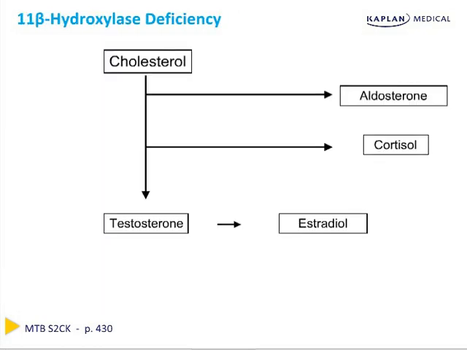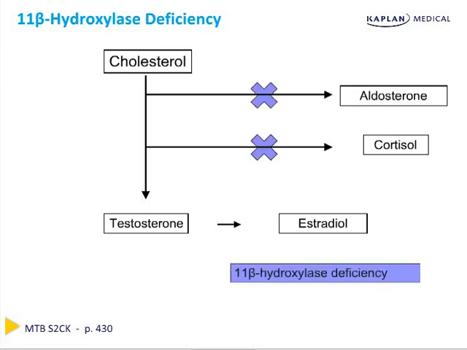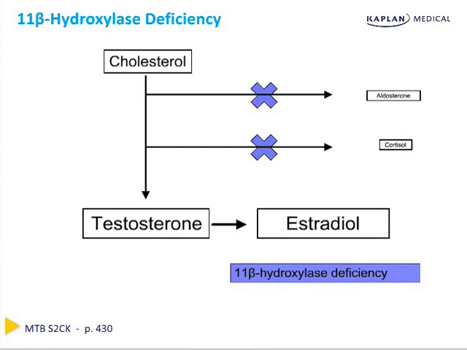The last of the three enzyme deficiencies we're going to discuss is 11-beta-hydroxylase deficiency. It works along the exact same pathways as 21-hydroxylase deficiency, but it happens more distal, and this has critical consequences that make it a very different syndrome. Now, just like 21-hydroxylase deficiency, there is a loss of aldosterone and cortisol production, leading to an overproduction of sex hormones.